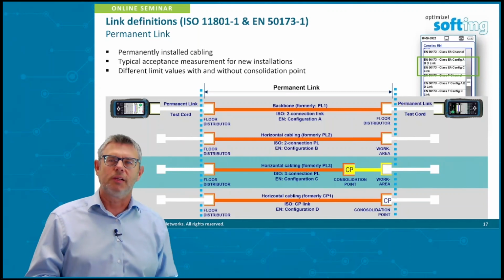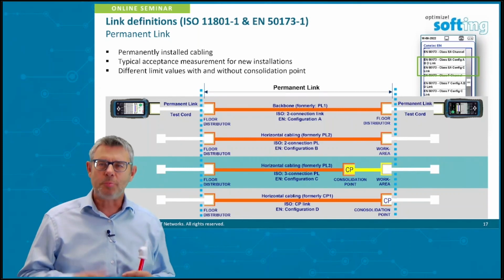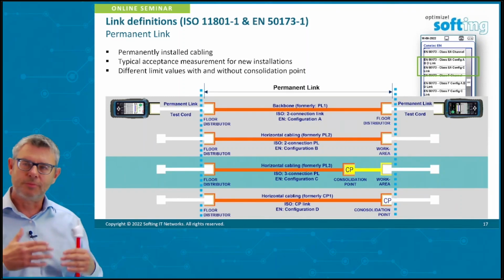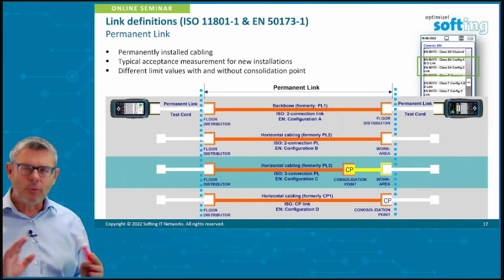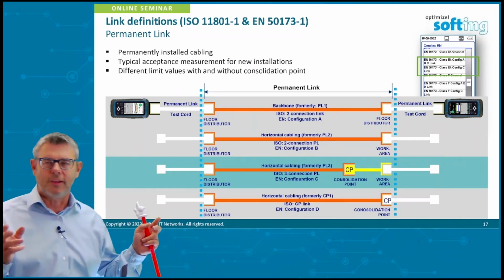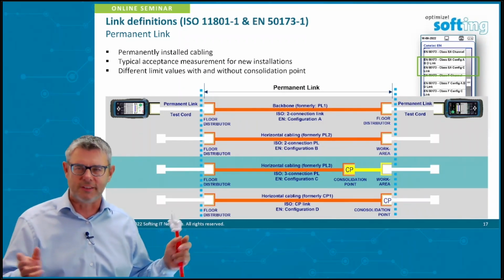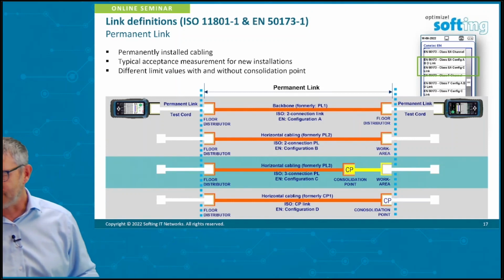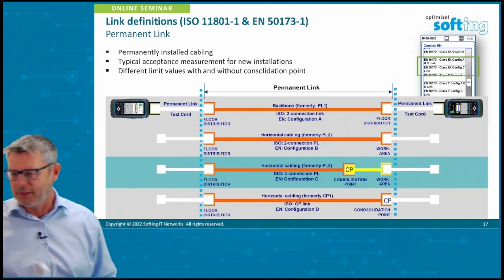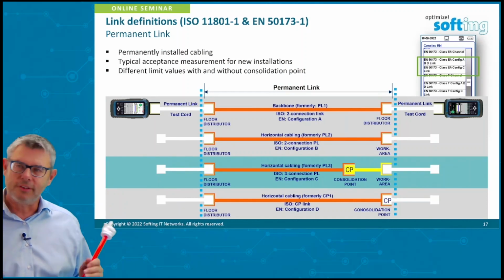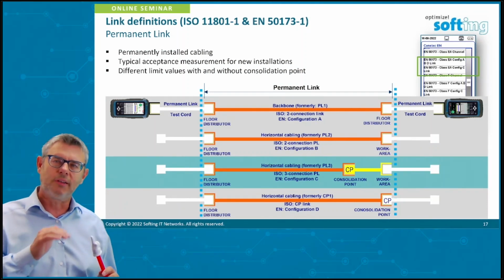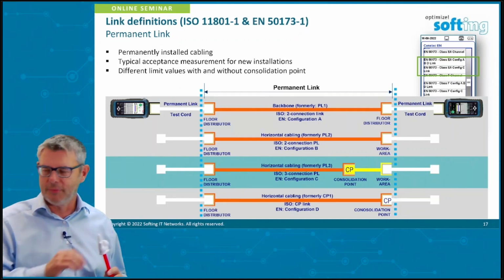Okay. Unfortunately, there are now a couple of definitions of permanent link, and they have to do with what the permanent link is used for. It's always the same piece of cable, let's say a cable with two jacks on the sides, but we have different usages. If you use this permanent link for a backbone, the older standard called it PL1, permanent link in application 1.